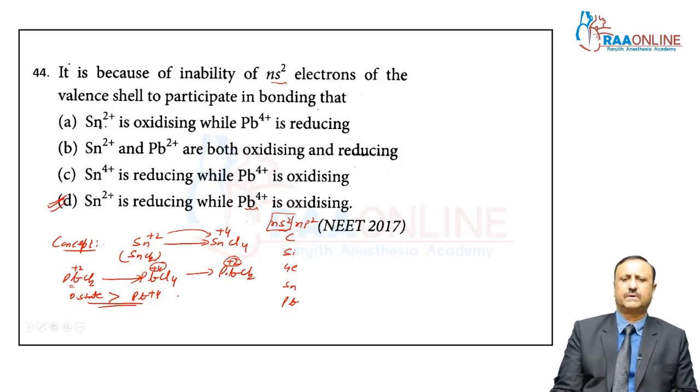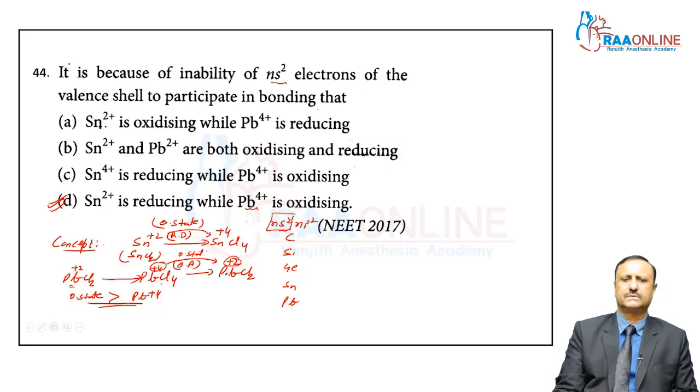What is the oxidation? What is the reduction? You know very well. When Sn+2 goes to +4, it is called oxidation, and when it is oxidized, it acts as a reducing agent. Now when we get Pb+4, it is converted to Pb+2, meaning the oxidation state is reduced, it acts as an oxidizing agent.